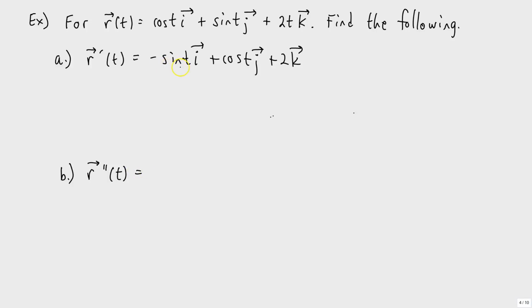So derivative of negative sine t would be negative cosine t. Derivative of cosine t, it'd be negative sine t. Derivative of 2 would be 0, so we'd have 0 times that vector. Well, 0 times that vector just is 0, so we don't need that.